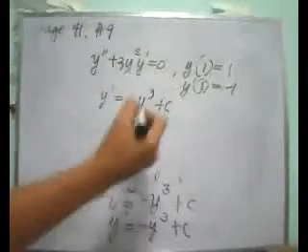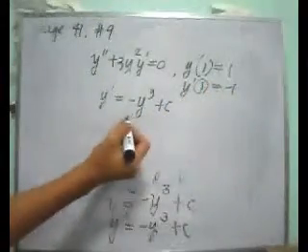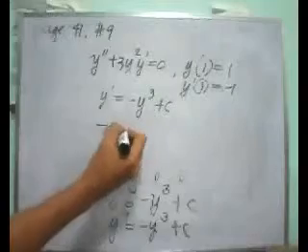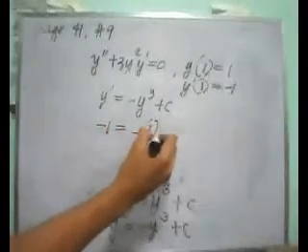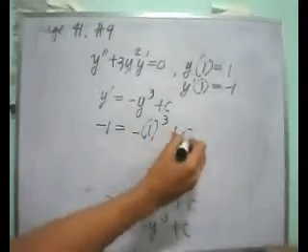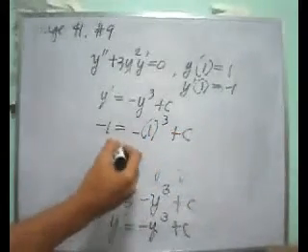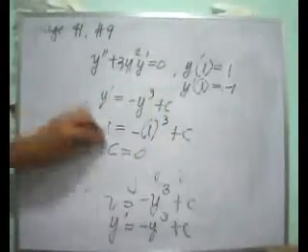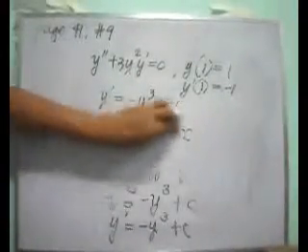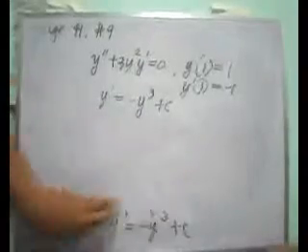So when we substitute the following values, we have negative 1 equals negative of 1 raised to the cube plus c. So this becomes c equals 0. Therefore, we have c equals 0.